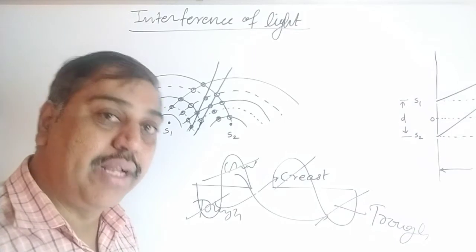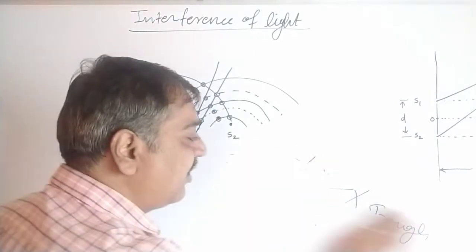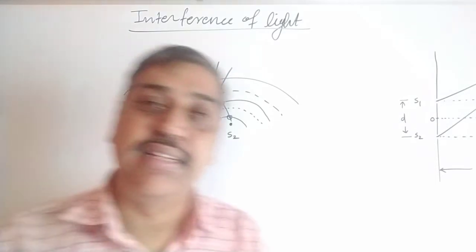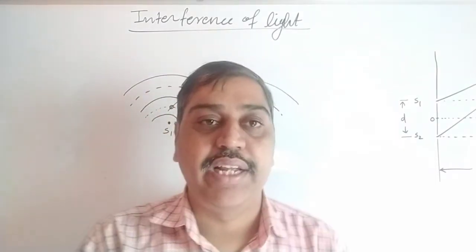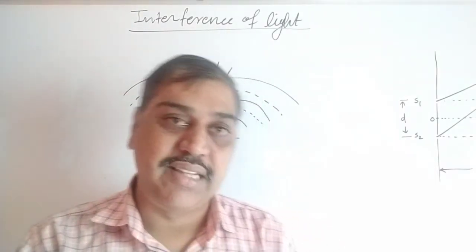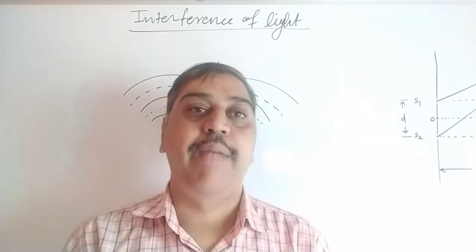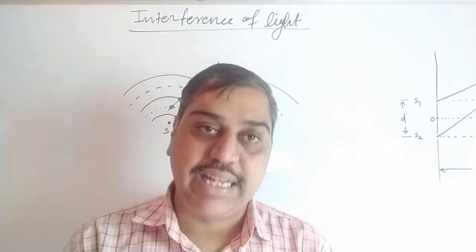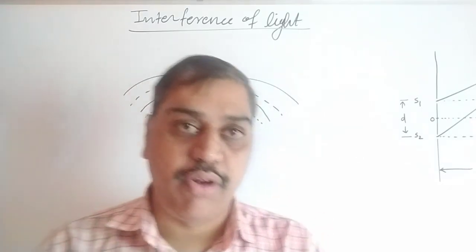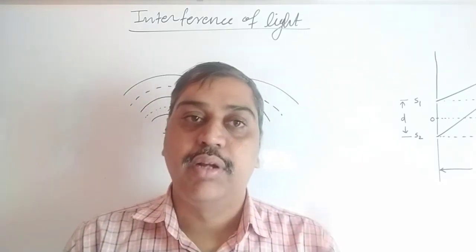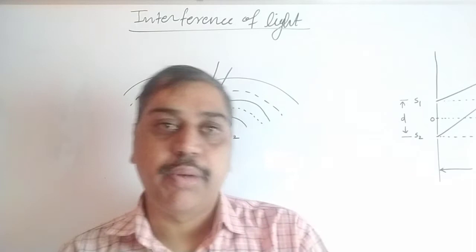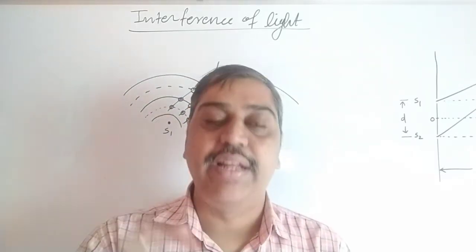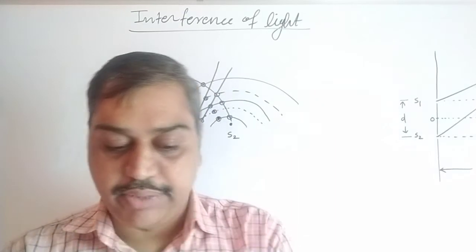Resultant amplitude decreases, as well as resultant intensity also decreases, because we have learned intensity is related to amplitude: intensity equals amplitude square. So amplitude reduces means intensity reduces. In that case, when the crest of first falls on the trough of second, and the trough of first falls on the crest of second, the resultant intensity and amplitude decrease, and that is said to be destructive interference.